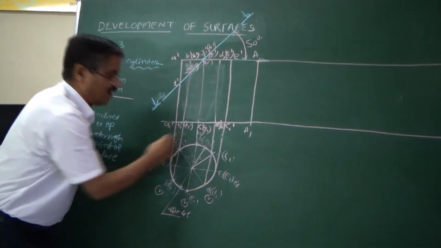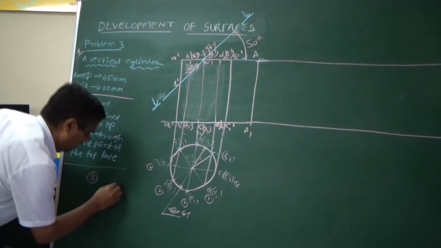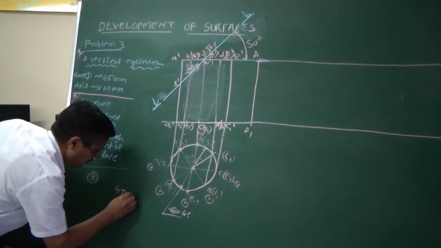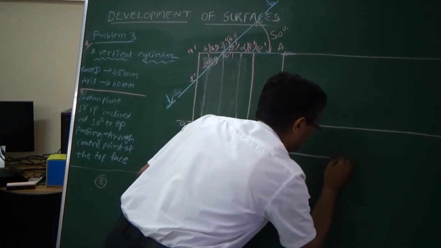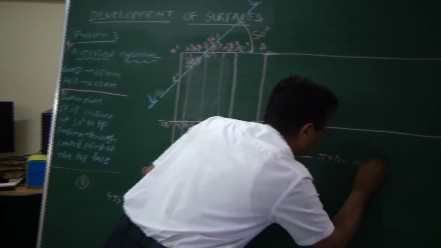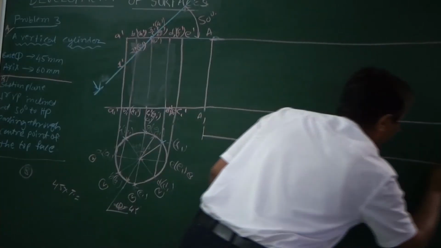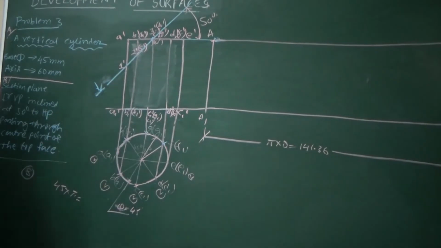So what is the total length? Total length is pi into d. d in our case is 45, so into pi we have to do. Total distance is pi into d, that is 141.36. So this is the distance.